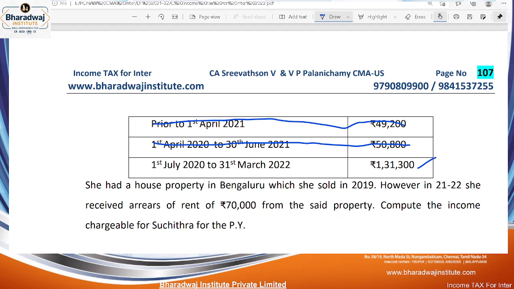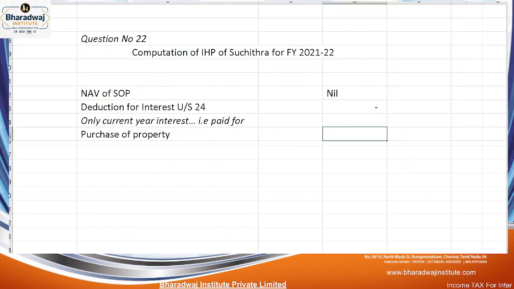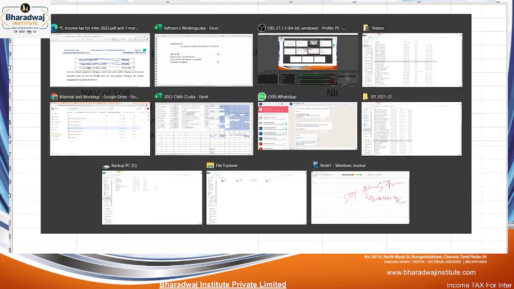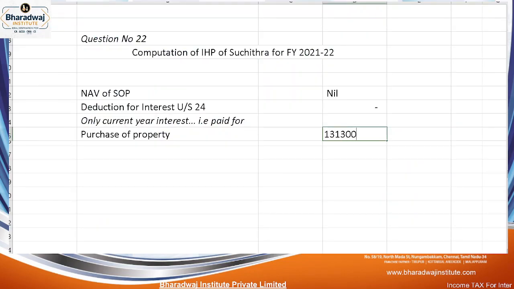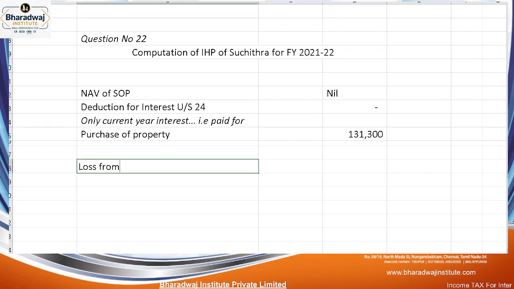That's actually for 2021. Okay, 131,300. Only that can be claimed. So loss from self-occupied property.